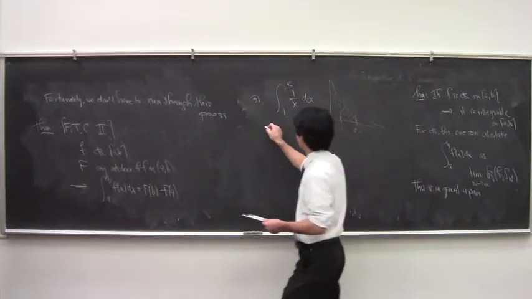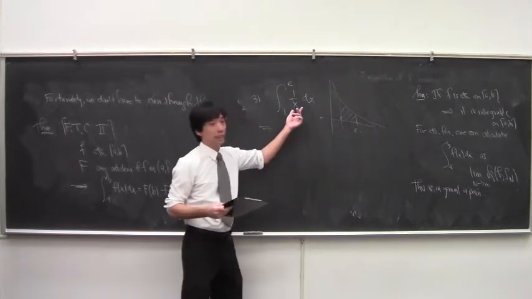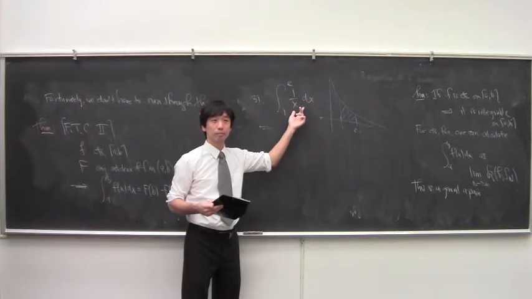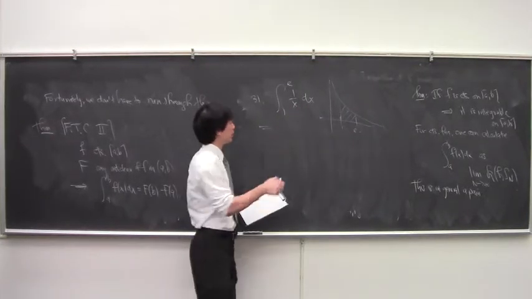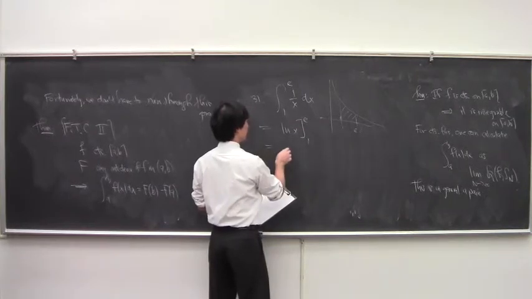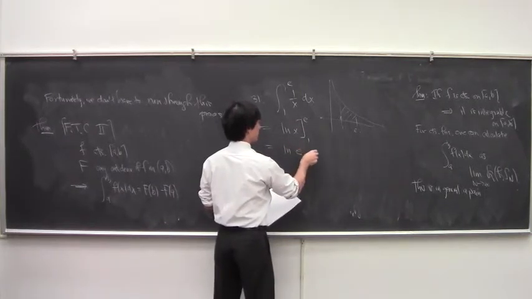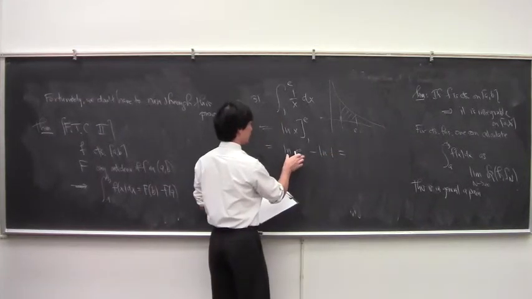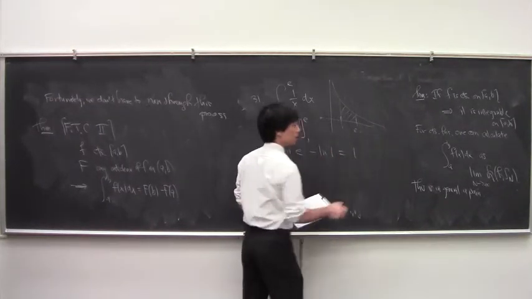All I need to do is take an antiderivative of 1 over x. What's an antiderivative of 1 over x? Natural log, right? So you take the natural log between 1 and e, and this is going to be natural log of e minus natural log of 1. So that's going to be 1 minus 0. So the area is 1.